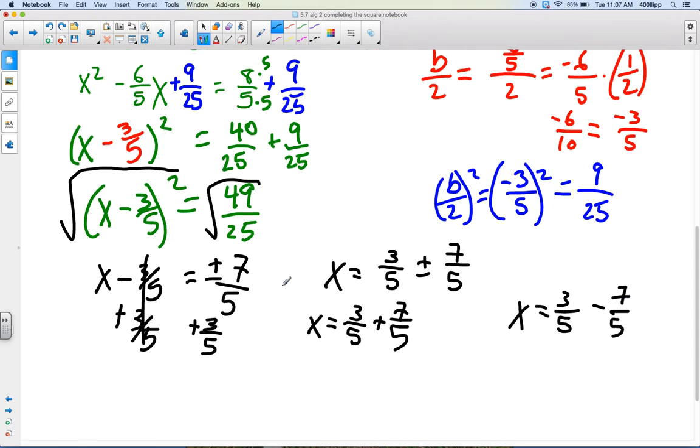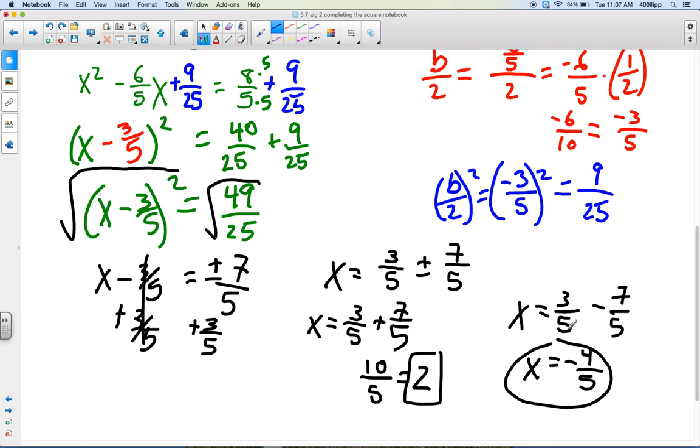Okay, so we have common denominators already. So 3 plus 7 is 10 over 5, which is 2. Here's one answer, 2. And 3 minus 7 is negative 4 over 5. And here's our second answer. That's it.